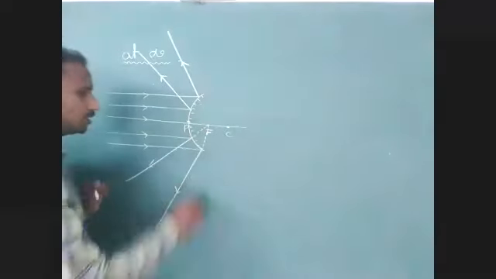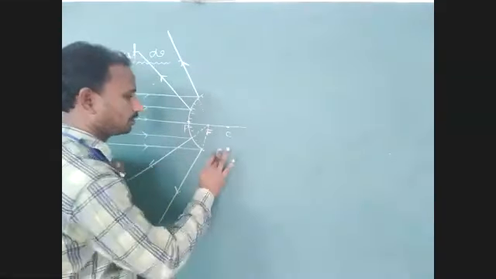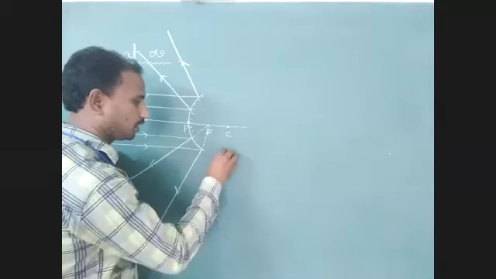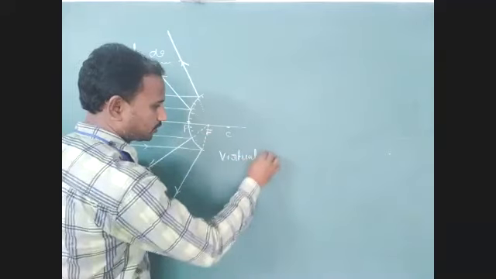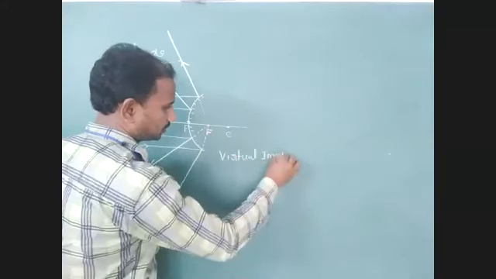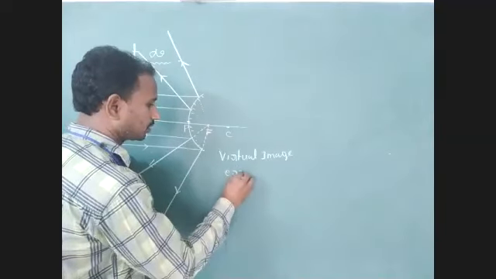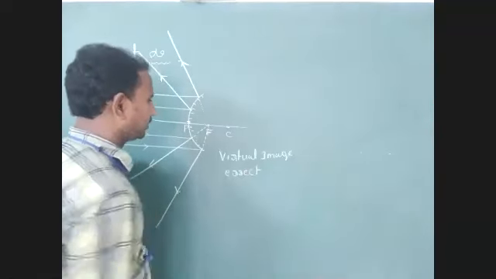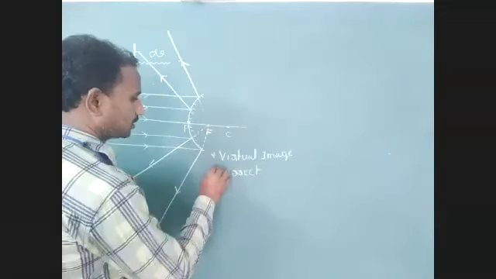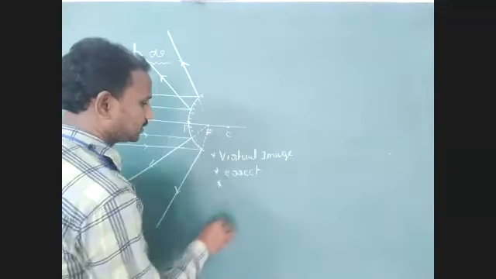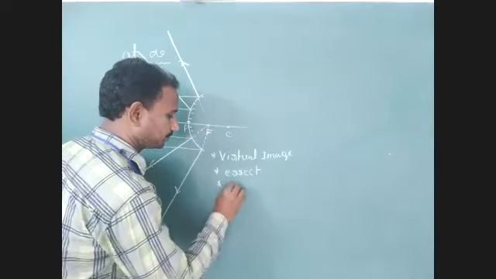Okay, students. This mirror can form a virtual image. It is a virtual image, it is an erect image, and it is a point-sized image.